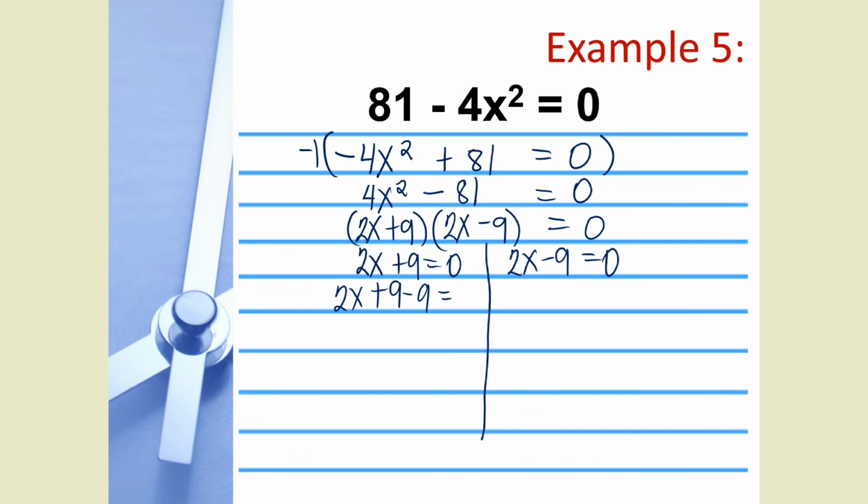We have 0 minus 9. So, bring down yung 2x. Cancel na yung 9 minus 9, equals 0 minus 9 is negative 9. Divide both sides by 2. Cancel yung 2. So, x sub 1 is equal to negative 9 over 2.